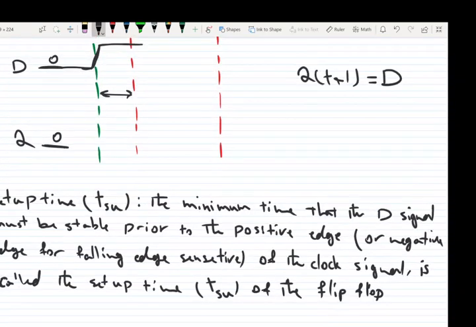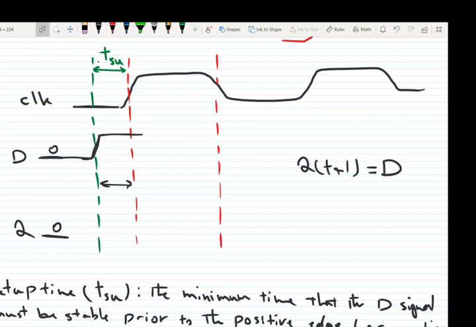Now one more thing. Let's go back to after we activated the signal, at this moment. Another question: how soon after the rising edge can I change my input? Because I know that if I change input from 0 to 1, as we see here, let's just complete the output.